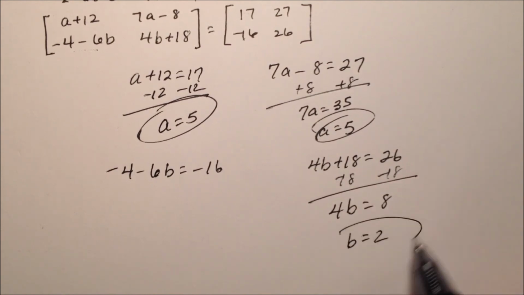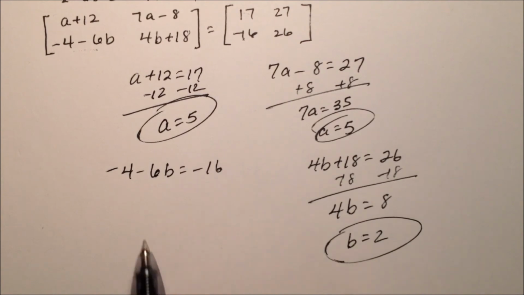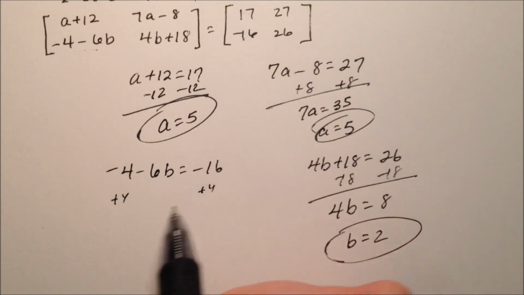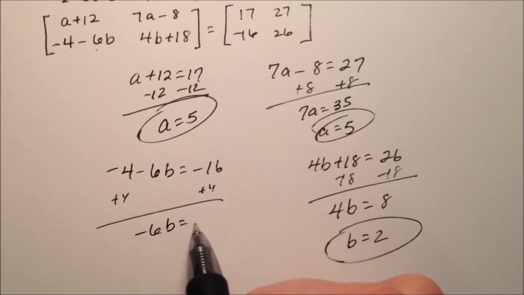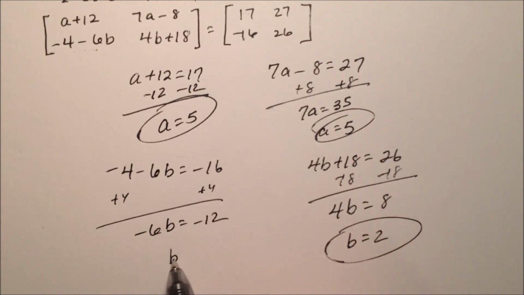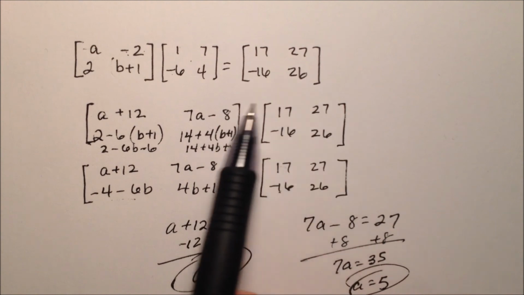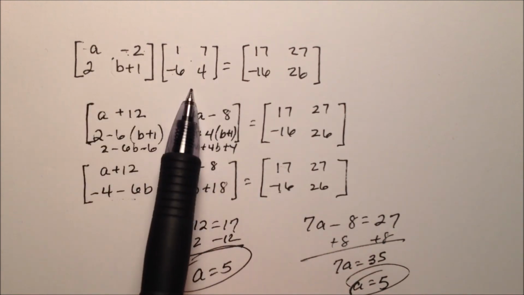So we divide, b equals 2, which we would get as well here. Let's add 4 to both sides. Negative 6b equals negative 12, so b equals 2.